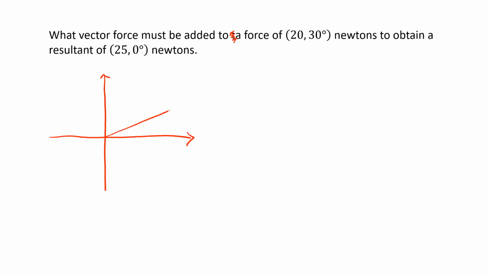30° with a length of 20, so 30° here, and r is 20. And then we have 25 0°. So this is 0°, and we're just going out 25. Okay, so for that one, it's pretty easy to write the rectangular coordinates because x is 25 and y is 0. You're not going up at all.